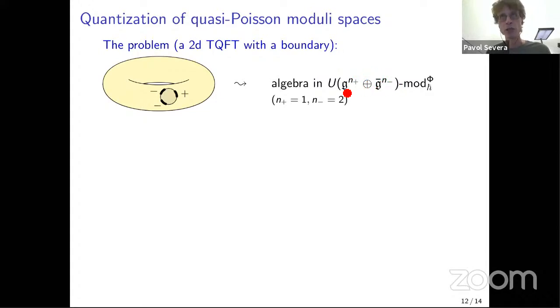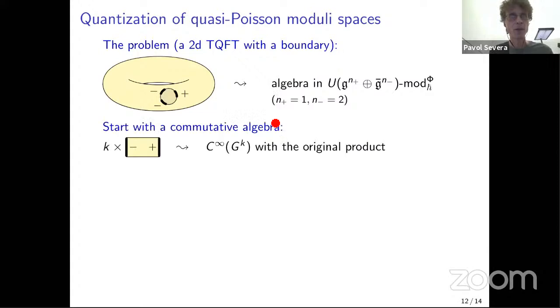G is just G, and G bar is G with minus the inner product, so we just change the sign of the inner product. That's what we want to obtain. This should be just the algebra of functions on the moduli space. And how do we get it?